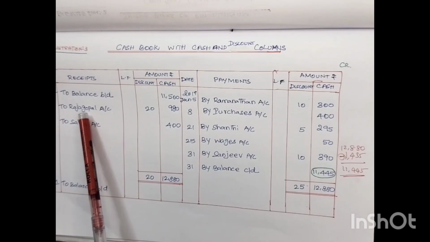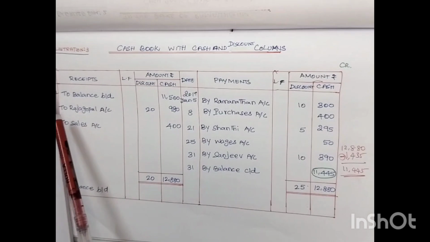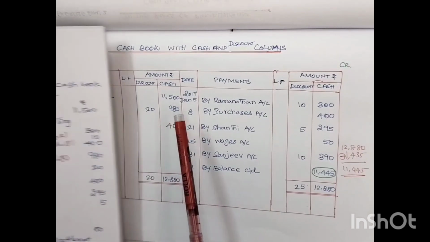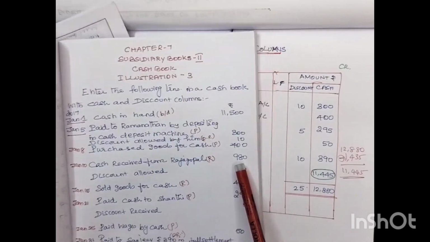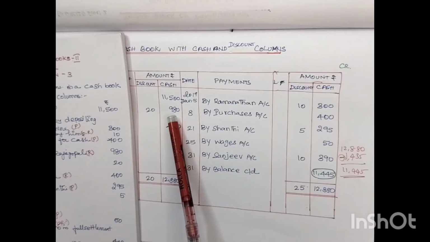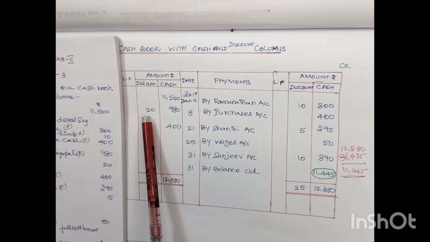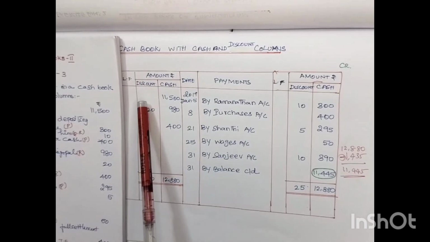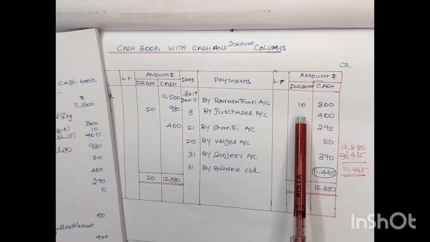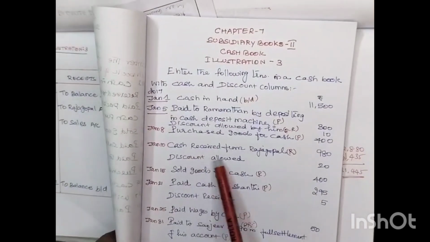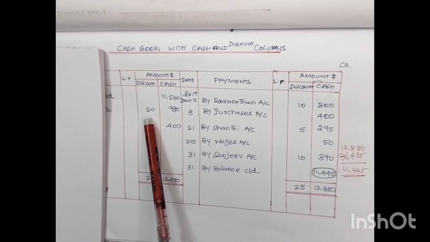The name of the person is Rajagopal, so in the receipt side you write to Rajagopal account, 980 rupees. And how much discount allowed to you? 20 rupees. In the discount column you have to enter 20 rupees. Discount allowed is entered into the debit side, and discount received you have to enter into the credit side. Here discount allowed is given as 20 rupees, so you enter it in the debit side discount column.